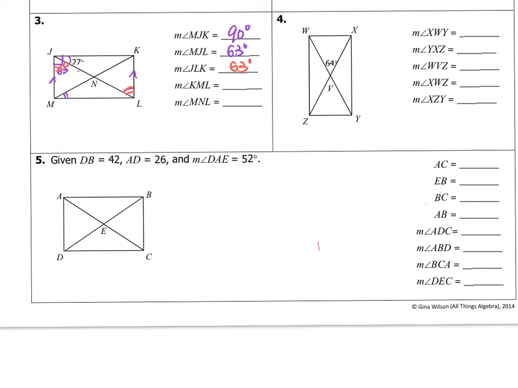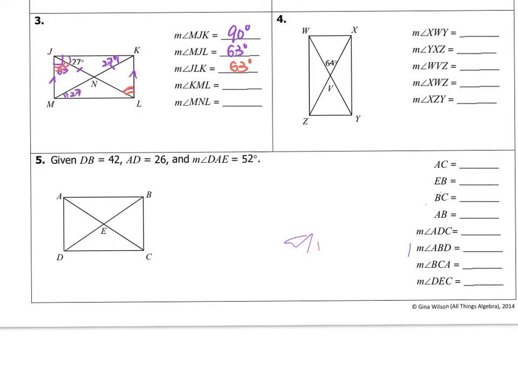Notice that because the diagonals are congruent and they bisect each other, NJ and NK are congruent to each other, and therefore angle KJL and angle JKM have to be congruent. So KML now, this has to be 27.